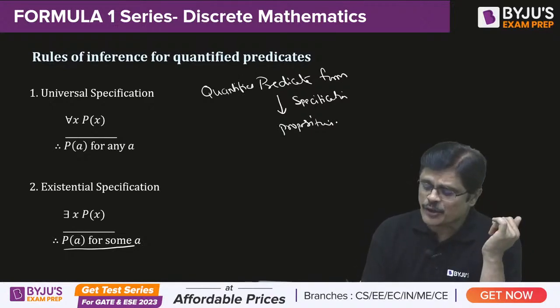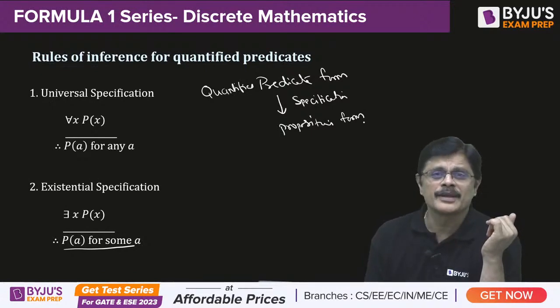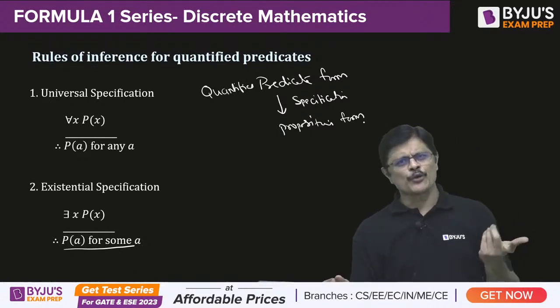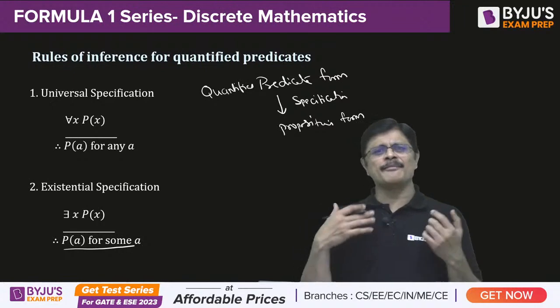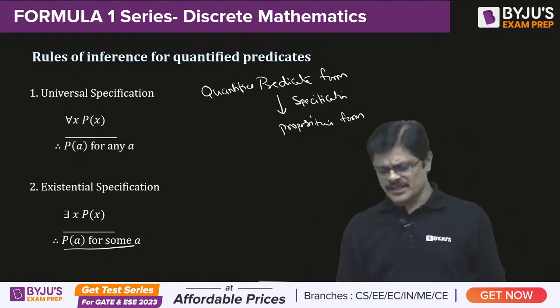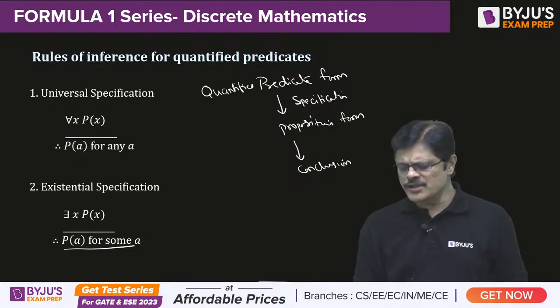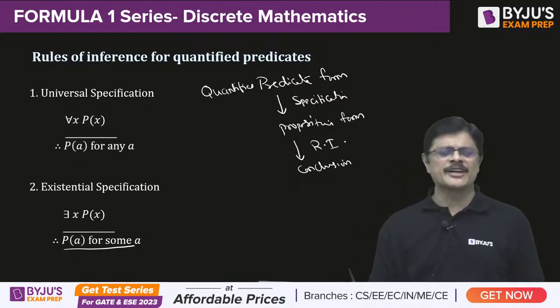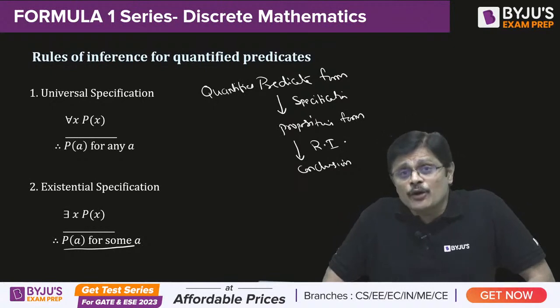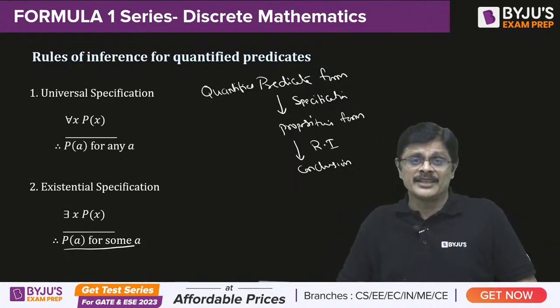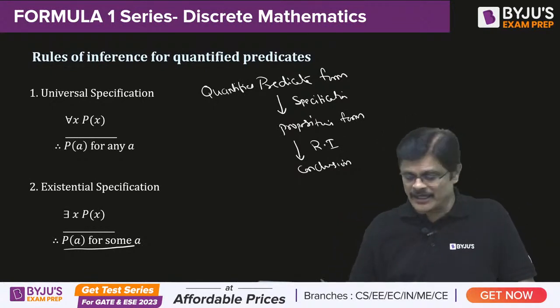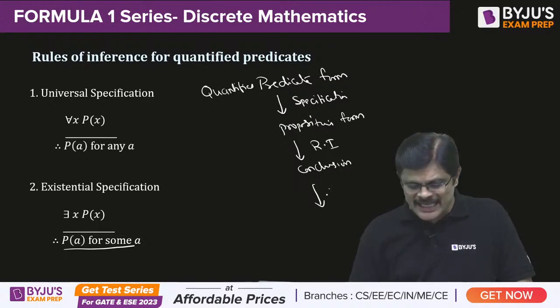Using specification, you can convert it into propositional form. Once it is propositional form, you have rules. Using those rules, you can verify some, or make some conclusions using our rules of inference. Make the conclusion. But that conclusion is in propositional format. What you do is, you use generalizations.